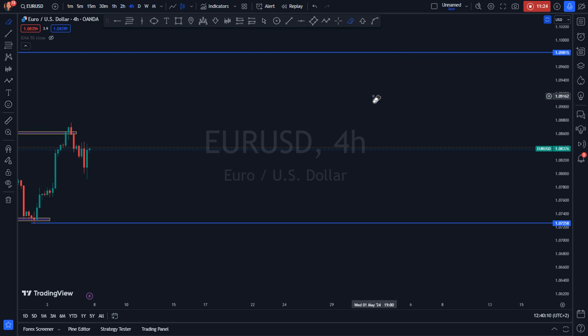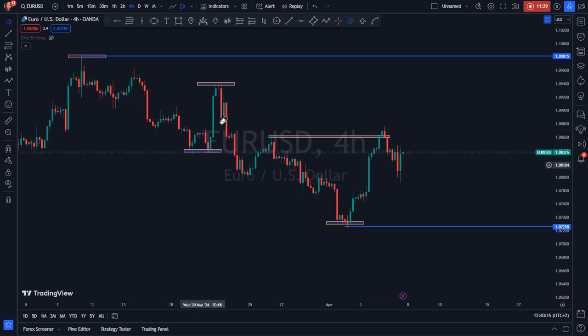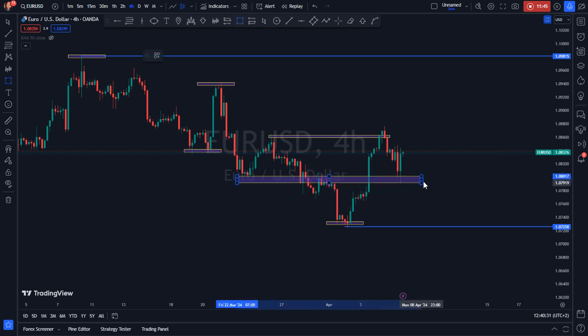Okay, so this is a downtrend. We can all see that the market is creating lower lows and lower highs. But if you have a look at this right here, we have some sort of head and shoulders kind of thing, because the market was creating a lower low, lower high, lower low, lower low, lower high.